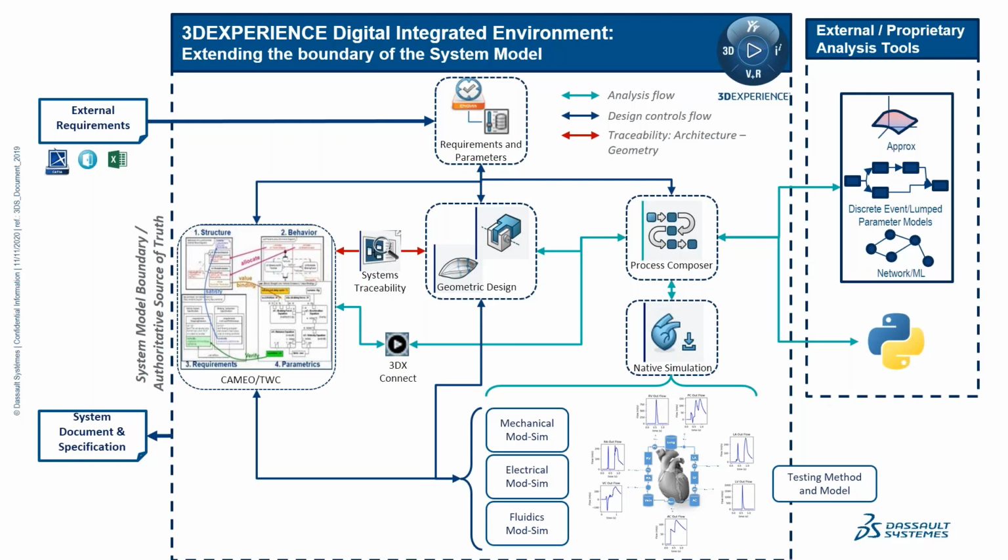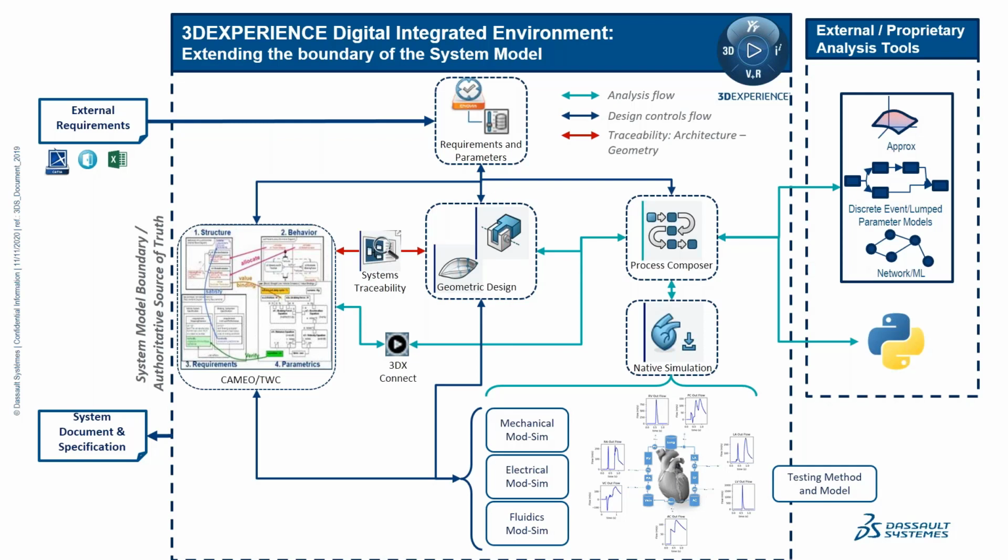But beyond that, you could say it must be able to handle a certain pressure. It must be able to handle a certain level of elastance of the heart material itself. That's where they can tie directly into the process composer aspects from those requirements and parameters. And beyond that, we can even tie your Cameo, No Magic SysML models directly in through that same link, to start tying in through the process composer link through 3DX Connect.